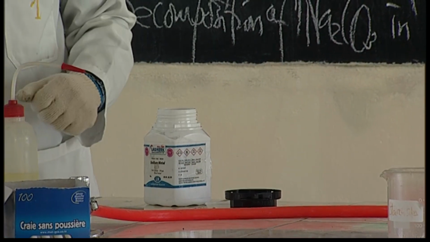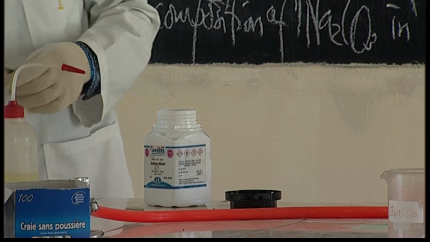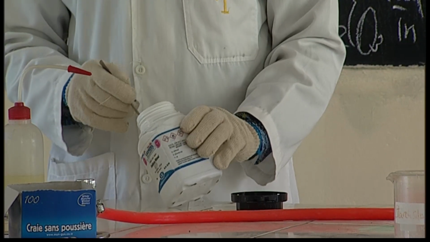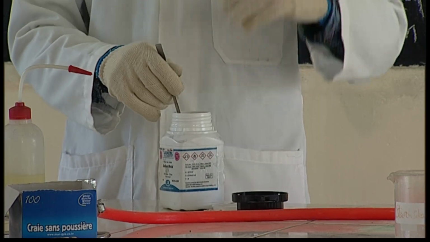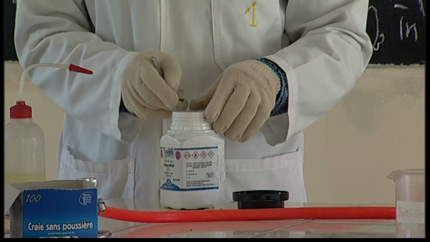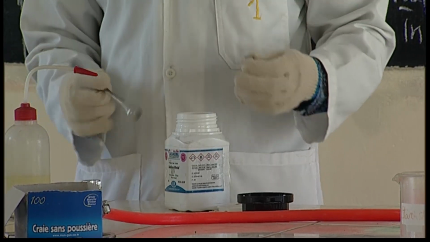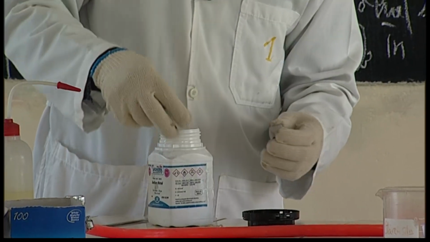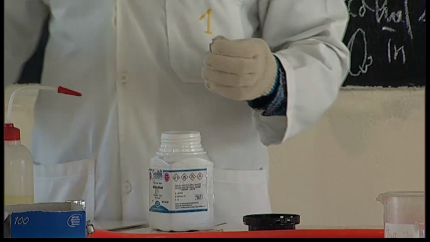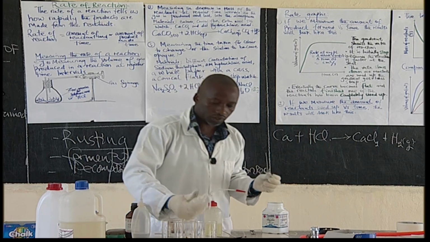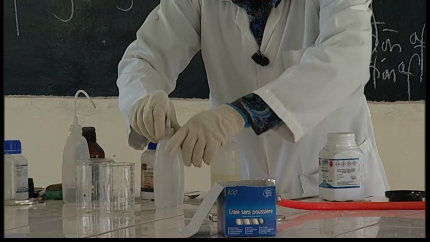So we'll have the sodium metal. As I said, sodium is stored under paraffin. You remember last time we talked about why the sodium is stored under paraffin. So I will just put it in water.